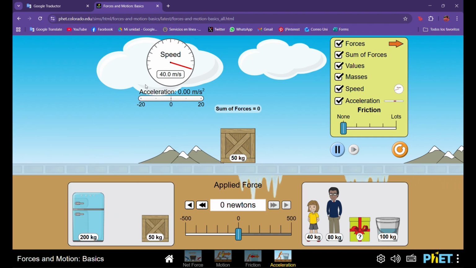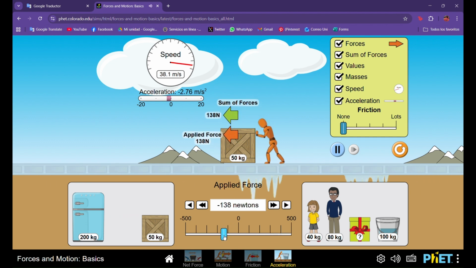As you can see, there was a change in acceleration. Let me apply it to the other side. I am applying a 186 newton force, and our acceleration is negative. Why? Because it overcomes and it is going to the opposite side.